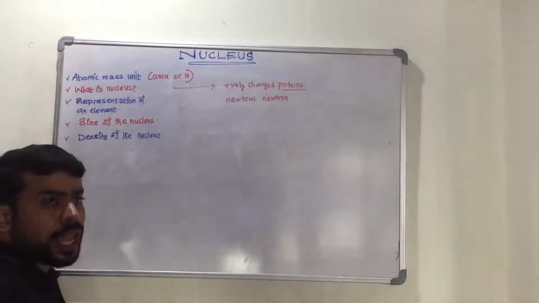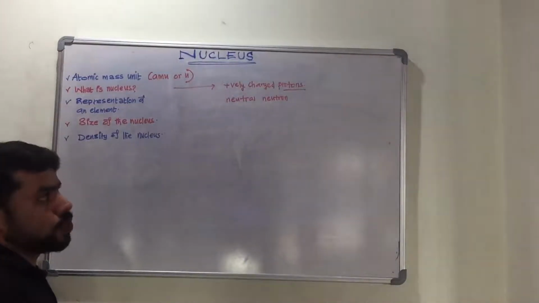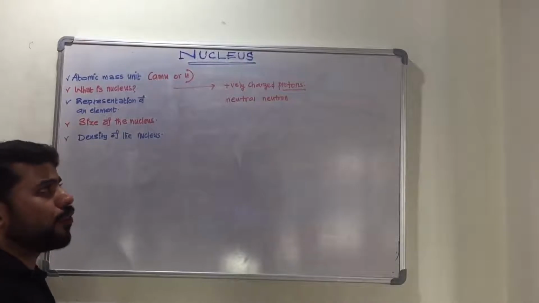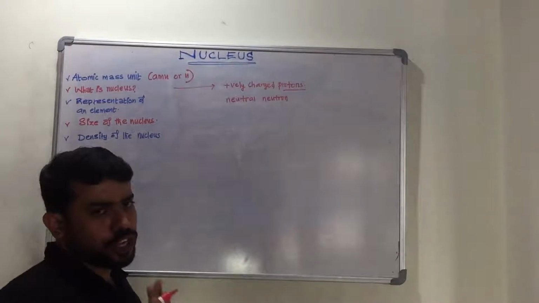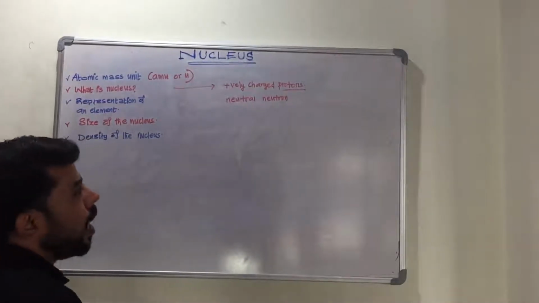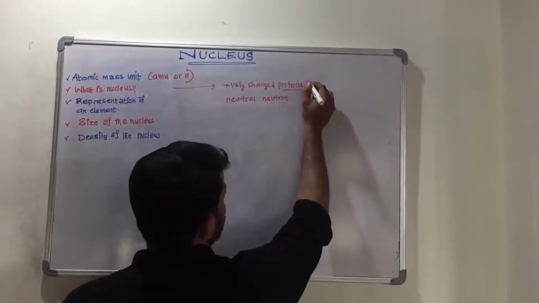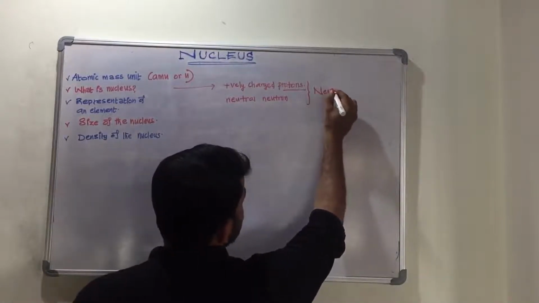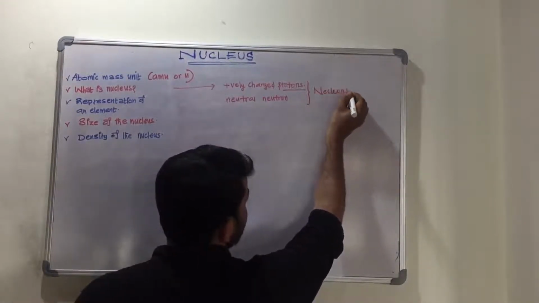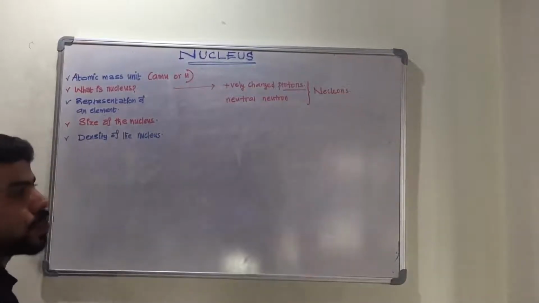This number varies according to the atoms. Different atoms consist of different numbers of protons and neutrons. So different nuclei have different positive charges. And these protons and neutrons are collectively called nucleons. That means the constituents of the nucleus are collectively called nucleons.